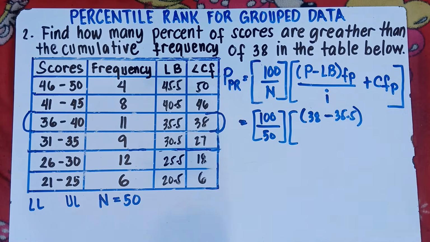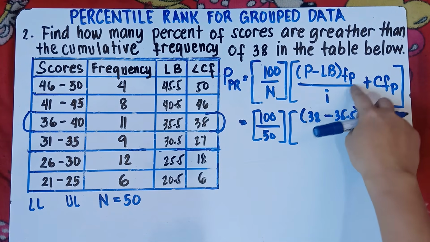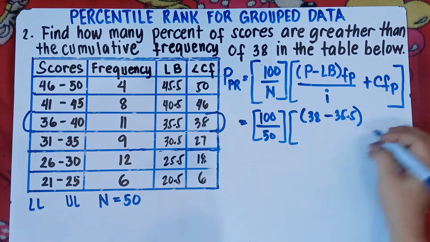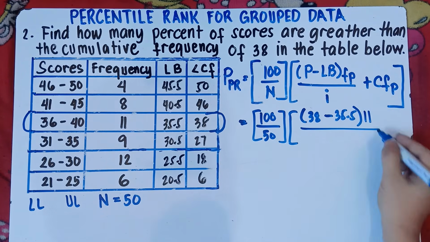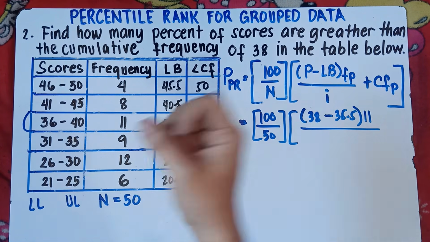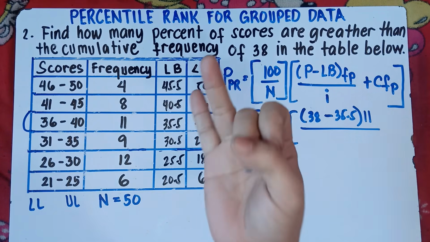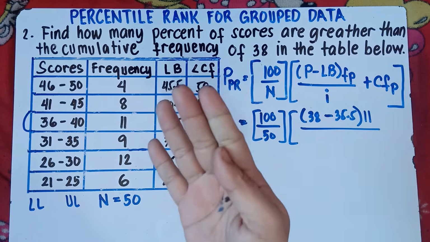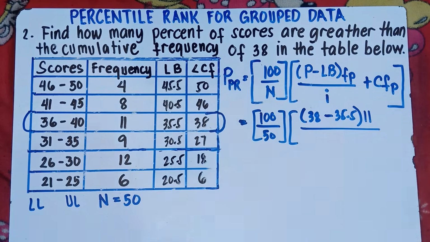Then the frequency of the percentile rank class is 11, so times 11 over i, the class interval. The class interval from 36 to 40, that is 36, 37, 38, 39, 40, is 5.